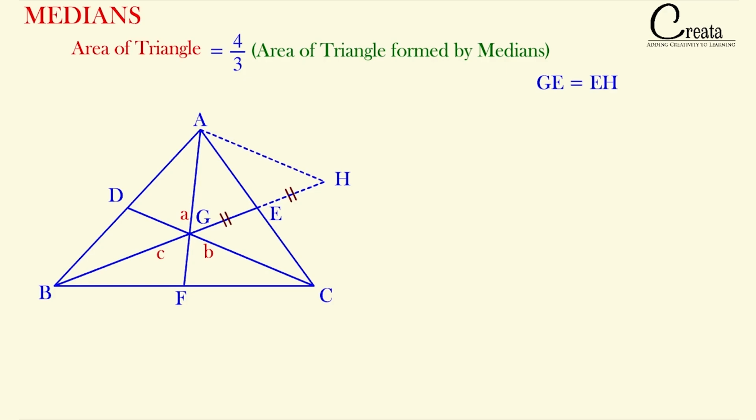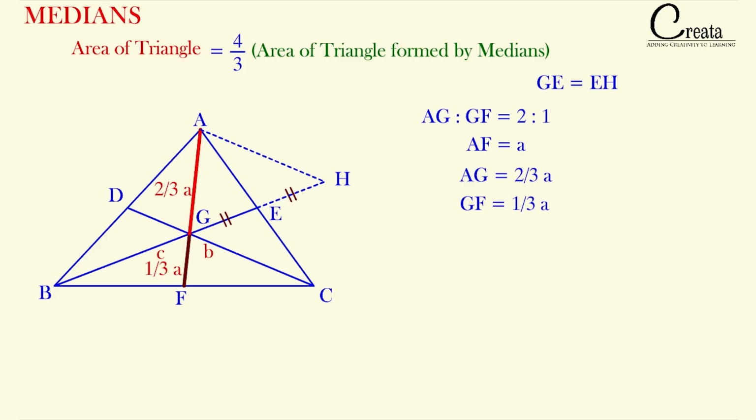Just now we studied that the centroid divides the median in the ratio of 2:1. So we can say the ratio of AG to GF is 2:1. If the complete AF is equal to A, we can say AG is equal to 2/3A and GF is equal to 1/3A. We have divided this complete line segment of length A into two parts in the ratio 2:1.